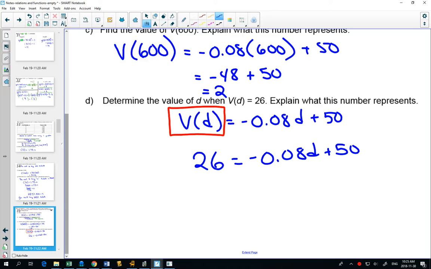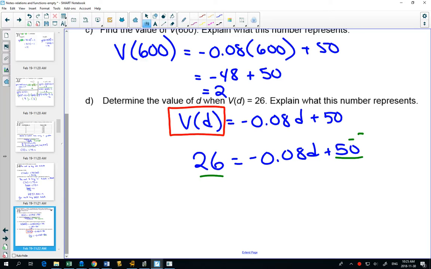So now we have to do our mathematics and solving equations from grade 9, right? What you do to one side of the equation, you do to the other. We want to get d by itself. One of the things you did in grade 9 is combine like terms. Can you see the 50 and the 26 are like terms? They can be put together if they're on the same side of the equation.